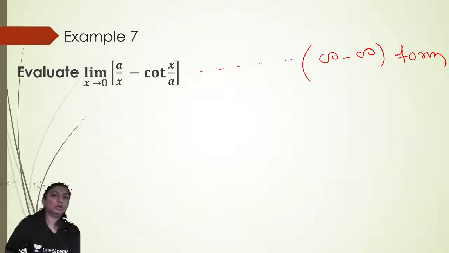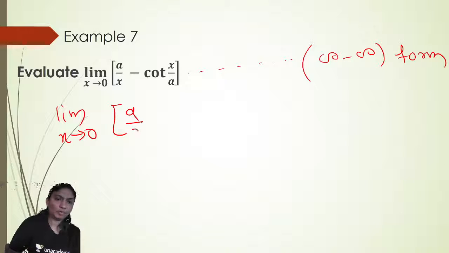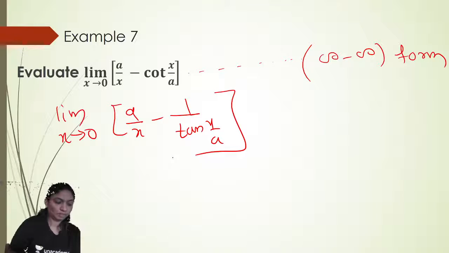Now, as infinity upon infinity form, how will we do this? 1 upon tan x by a is cot x by a, it means you will get here limit as x tends to 0, a upon x minus 1 upon tan x by a. Right?